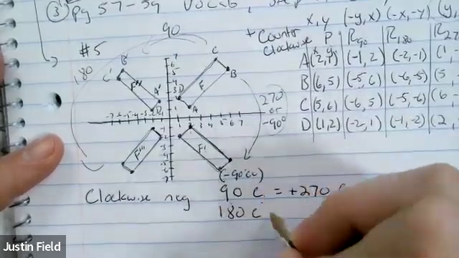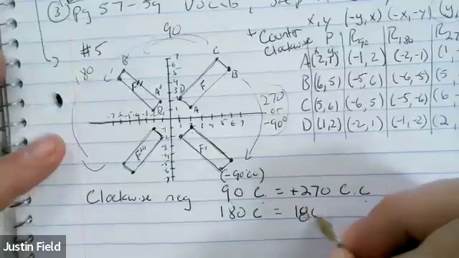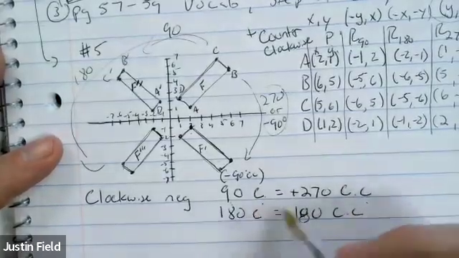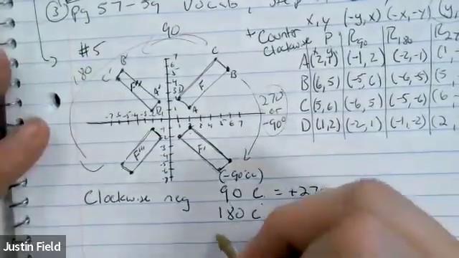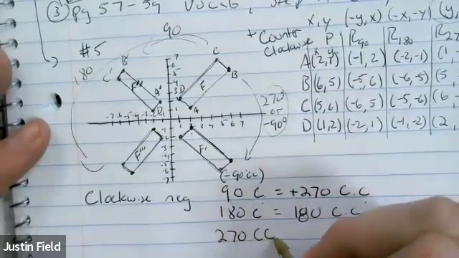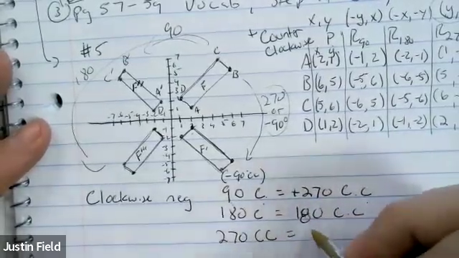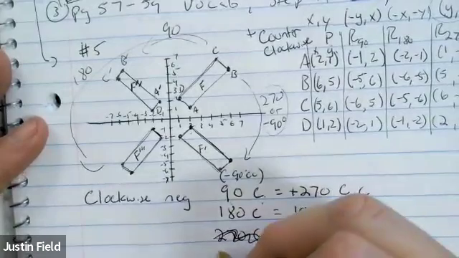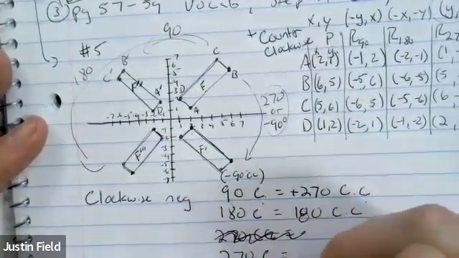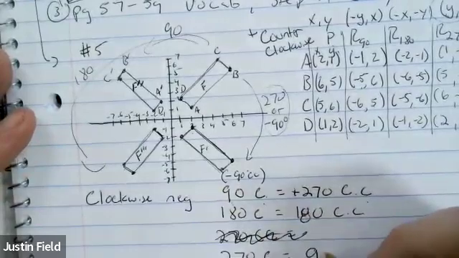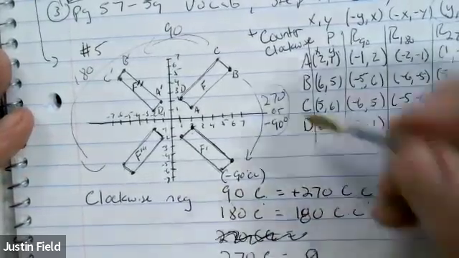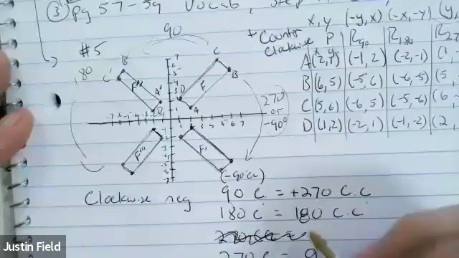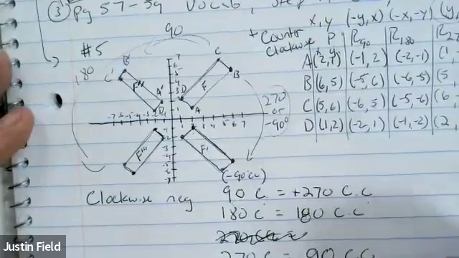180 degrees is easy because that's halfway around. So it doesn't matter whether you say clockwise or counterclockwise, it's the same. That's nice. But 270 degrees clockwise would be equal to 90 degrees counterclockwise.